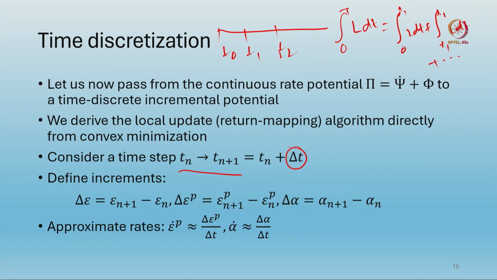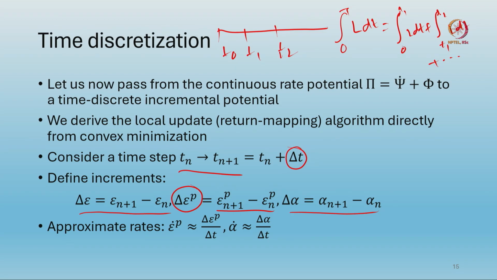So delta epsilon, the increment in strain, is epsilon n plus 1 minus epsilon n. Similarly you define the increment of the plastic strain, and also define the increment in the other internal variables, delta alpha equals alpha n plus 1 minus alpha n.